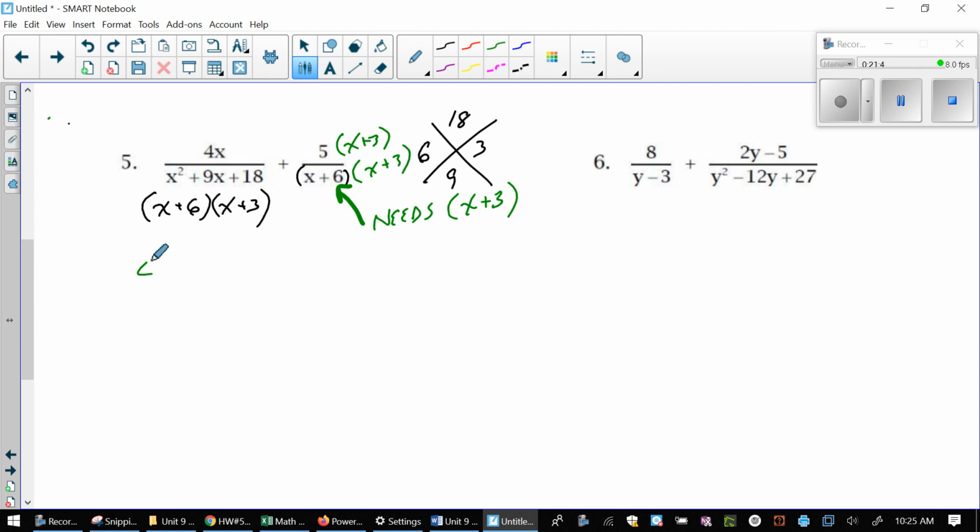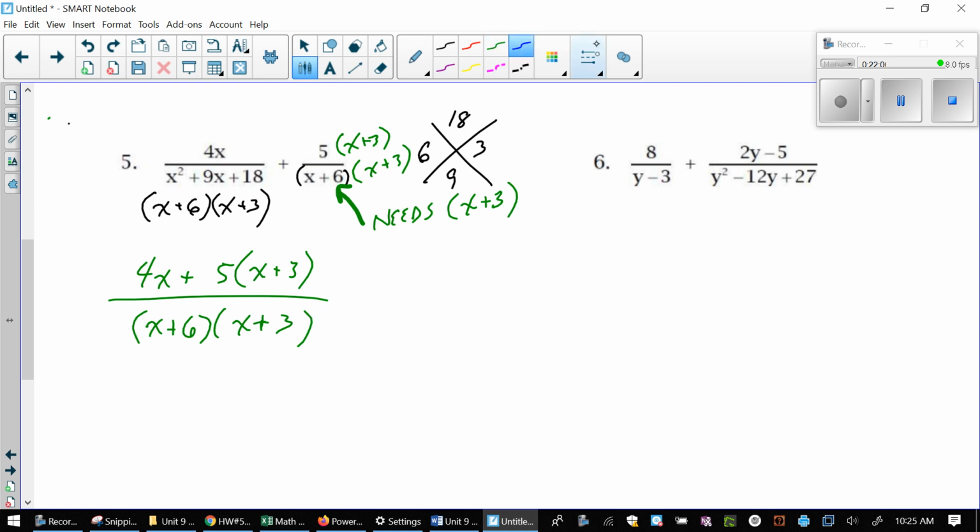And we get 4x plus 5 times x plus 3. Now, if you wrote it up there, you might want to do that distributing in this step as well. And then our common denominator is just x plus 6 and x plus 3. And look how easy this one is, because it worked out that way. All we have to do now, distribute that 5, simplify the numerator, and we are done. On the top one, we get 4x plus, actually I'll write it over here, 4x plus 5x plus 15.